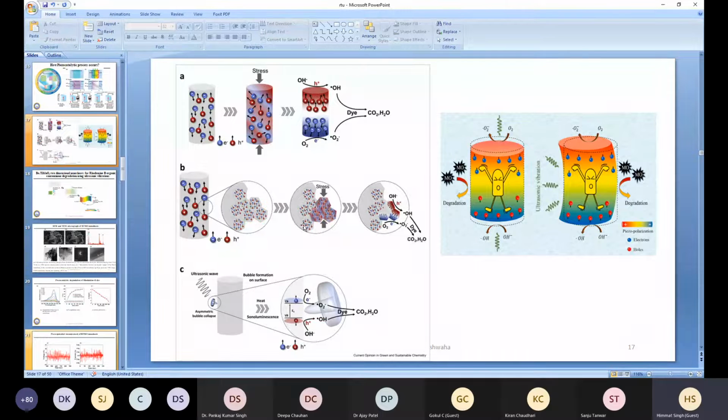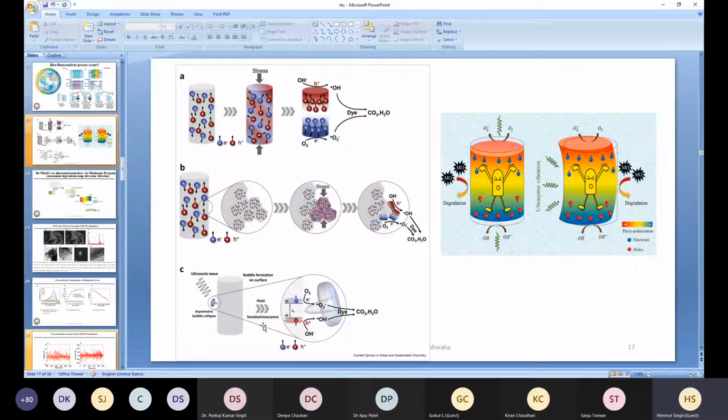So these small domains will act as a piezocatalyst. So the electron and hole transfer will occur. The difference you can see is that in the first case the whole bulk material acts as a catalyst. Here the domains act as a catalyst, and the oxidation and reduction will occur over the surface of these domains, and then the complete mineralization of the dye will occur.